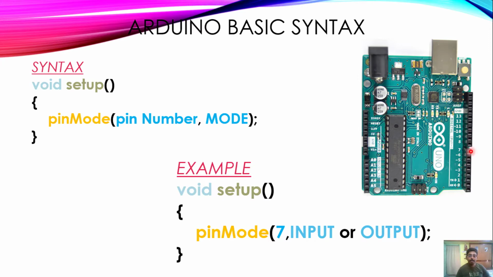If you need to make this input or output, you need to define pinMode 7 comma INPUT or OUTPUT based on your need. If you want to make pin number 8 input or output, you need to give pinMode 8 INPUT or OUTPUT based on your need. This pinMode statement should be written inside the void setup function.